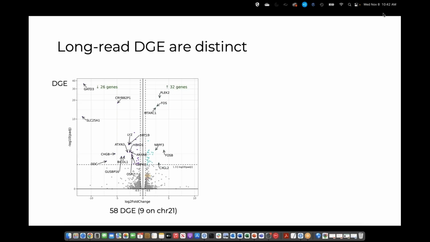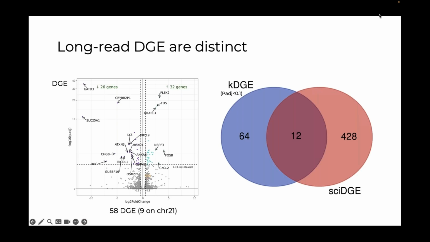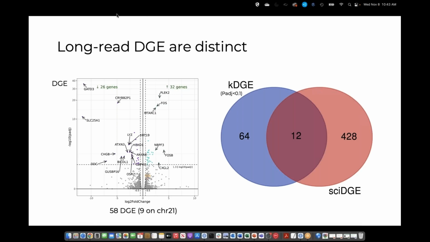And what we found was that the genes that we identified were in fact distinct from what we had appreciated within our single-cell analysis. And we're really excited about the possibility of repeating some of our single-cell analysis and then layering on the long-read sequencing in future experiments.